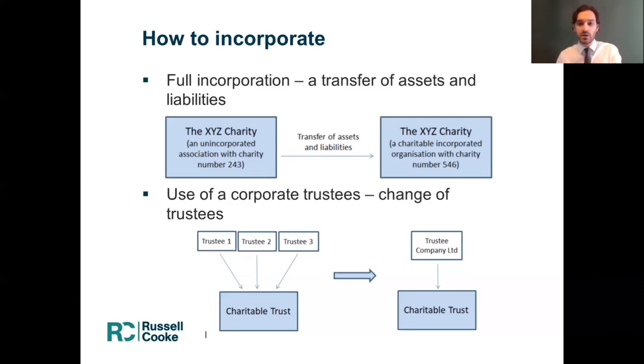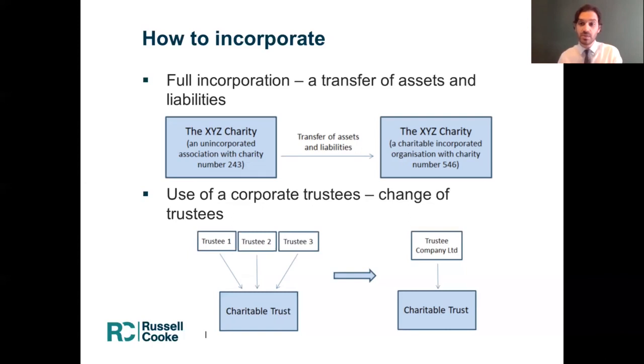The second option that I've put on that slide, which allows charities to achieve essentially the same benefits of incorporating, or very similar anyway, is use of a corporate trustee. So this is available if you have a charitable trust, and rather than changing the charitable trust itself, that remains in place, but instead of having individual trustees in future, you set up a company, and the company becomes the trustee of the charitable trust.